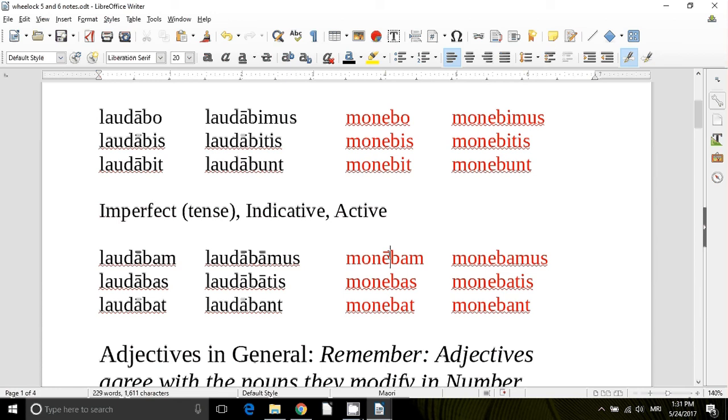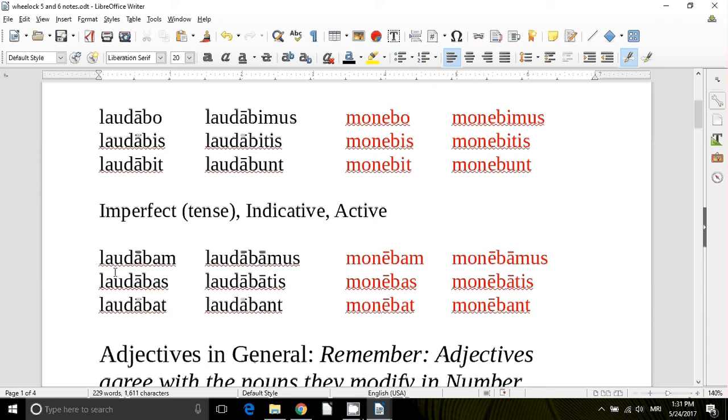And we should also change the forms of moneo, because likewise they have these long vowels. I'm doing that so you can clearly see how it's going to be pronounced.